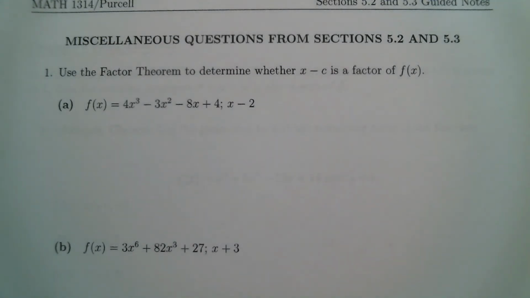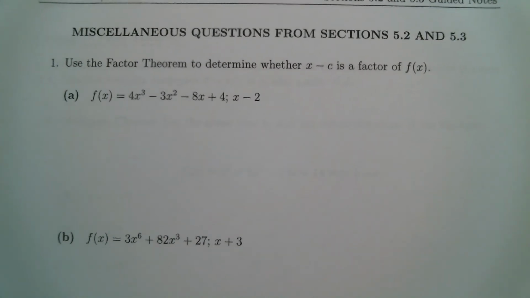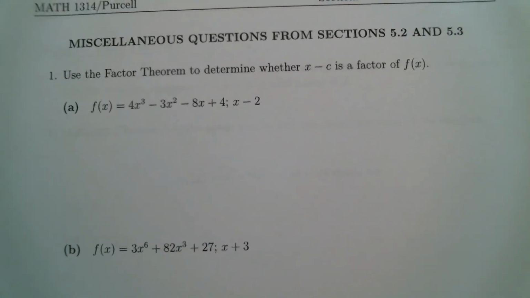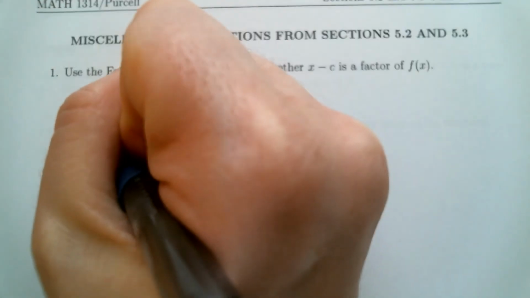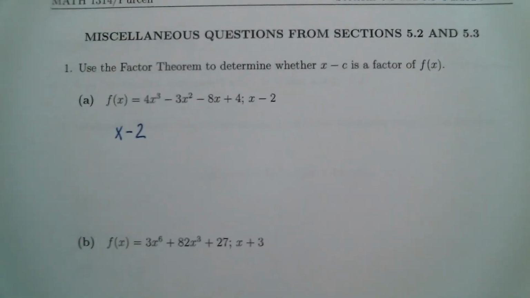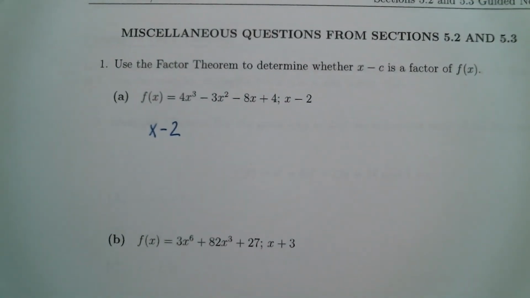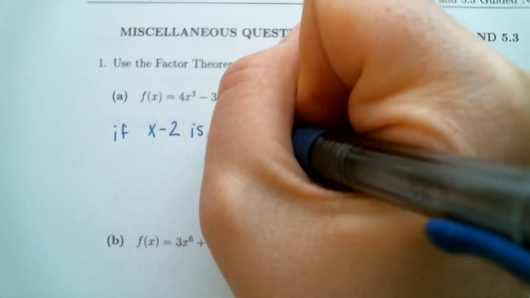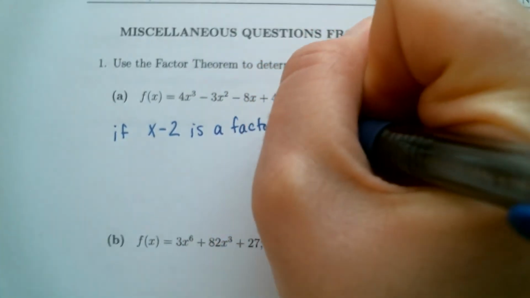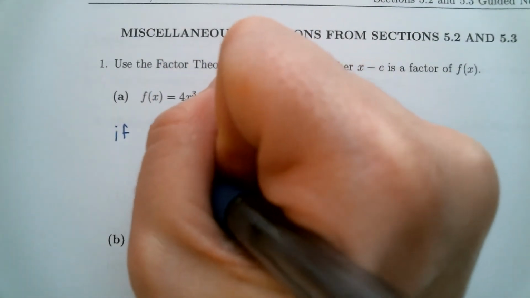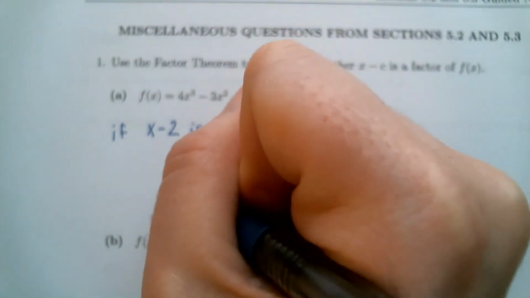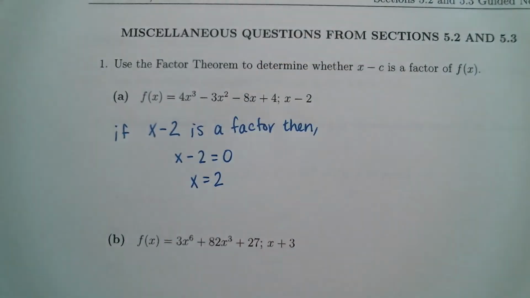What did we learn in section 5.1? Well, we concentrated a lot on zeros. Remember, zeros, that's a fancy name for x-intercepts. So let's think about this. What we learned in section 5.1 is if x minus 2 is a factor, then you would take your factor, set it equal to 0, and solve, and you would get x equals 2.